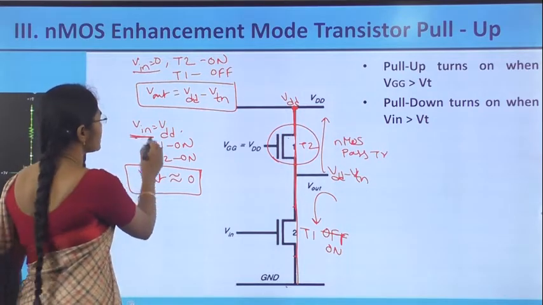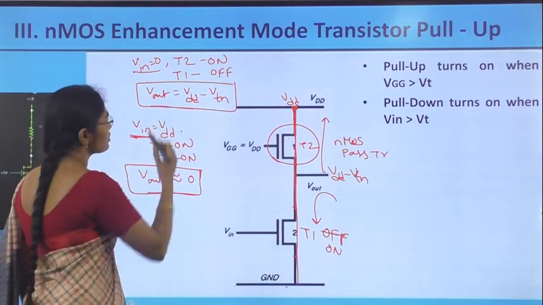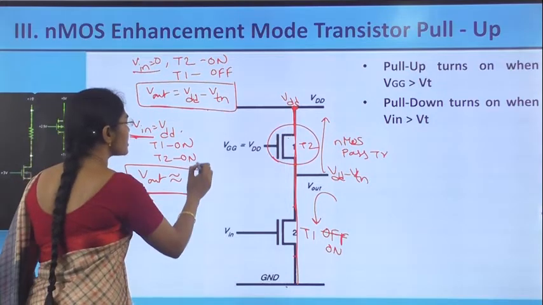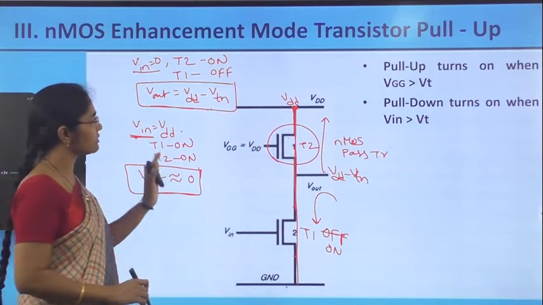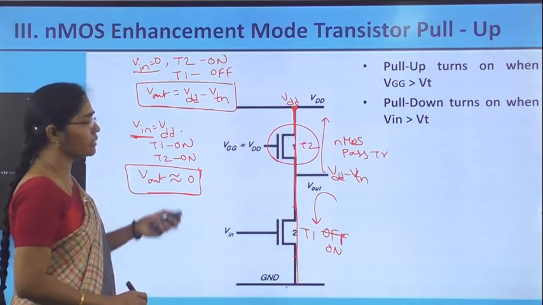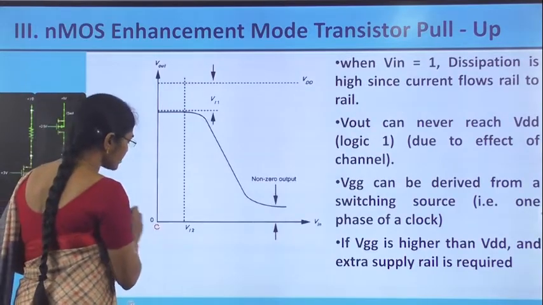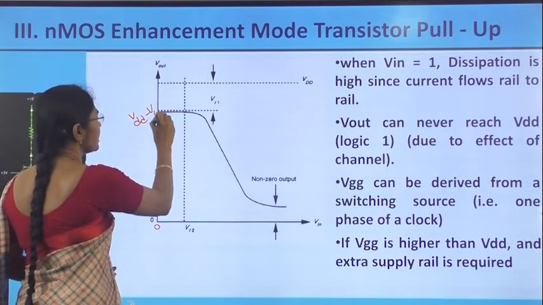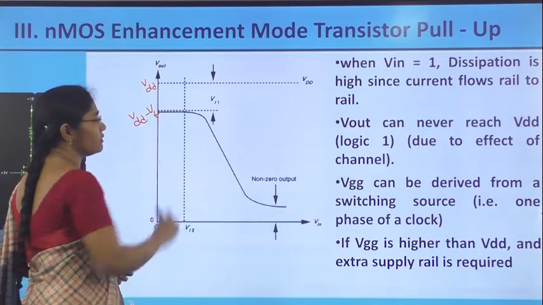So for Vn equal to VDD, output is approximately equal to 0, and for Vn equal to 0, output is equal to VDD minus VTN. So here both logic levels are not full swing. Let us see these two values as a graph. See here, when Vn is equal to 0, output is VDD minus VT of the second transistor, whereas it should be VDD.